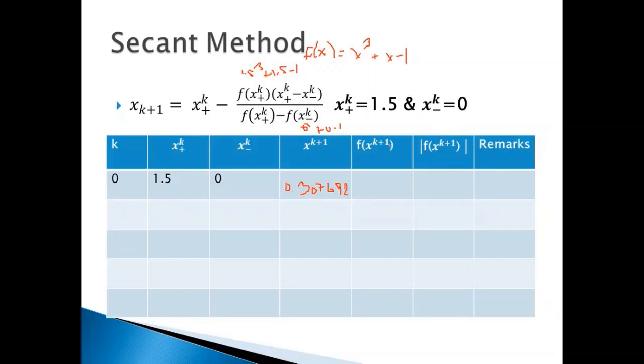As a result, we have negative 0.66311. Finding the absolute value, we remove the negative sign, so we have 0.663177. So remarks, this is still greater than 0.001.